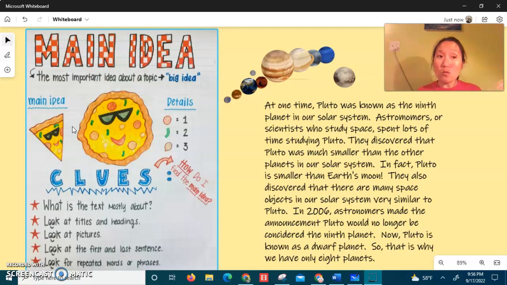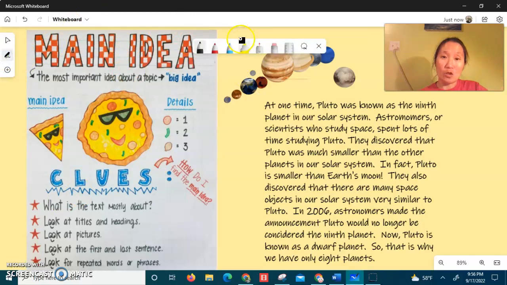So, what were some of the things that were being repeated? Let's take a look. I'm going to go through and highlight all the words that are repeating in blue. Here's a word that repeats. Pluto, Pluto, Pluto. We see Pluto in lots of places. So it's talking about Pluto. We know this because Pluto is being repeated over and over.